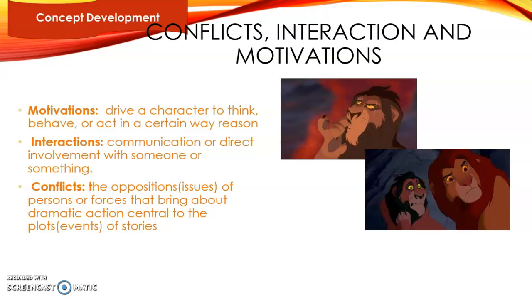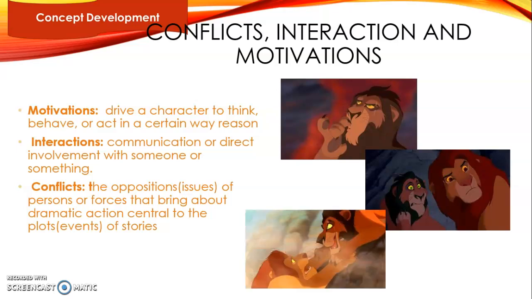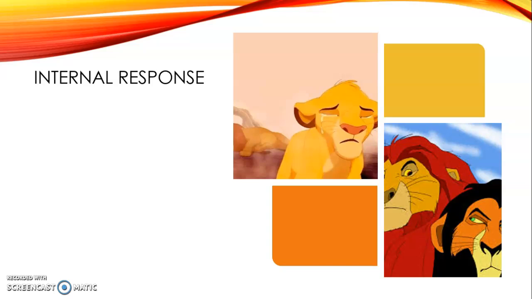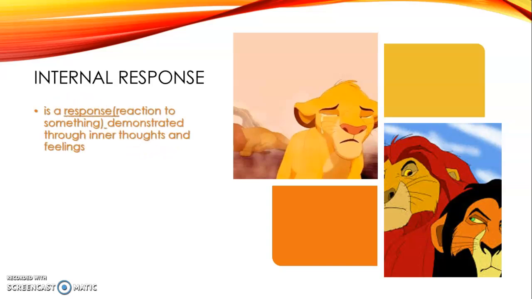He had opposing views from Mufasa. And some of those things were internal, okay? Now, as a result of this interaction, as a result of Scar's motivation, based on his interactions with Mufasa, we see that we have an external conflict. We see that Scar had plotted to kill Mufasa. Well, guess what? Let's talk about internal response. And then in the next video, we're going to talk about external response.